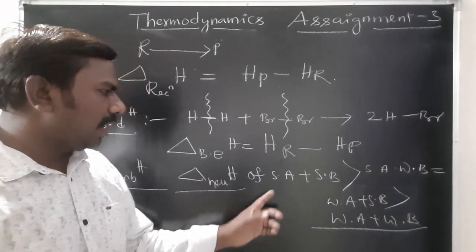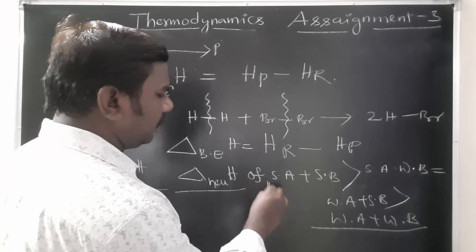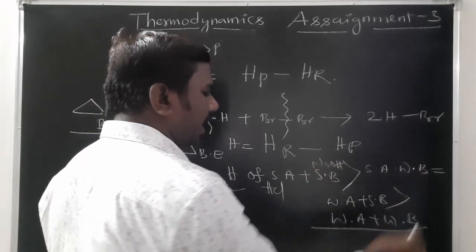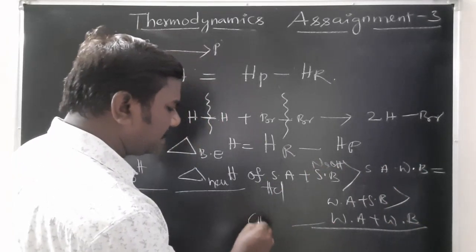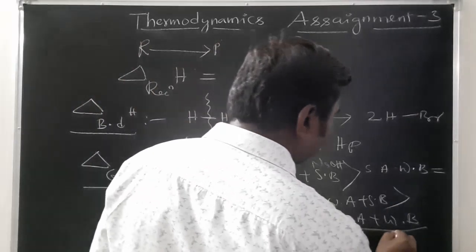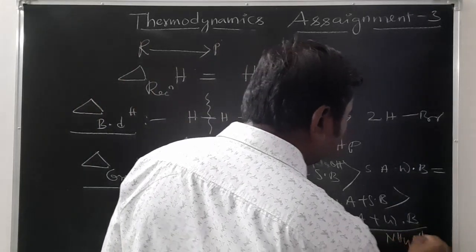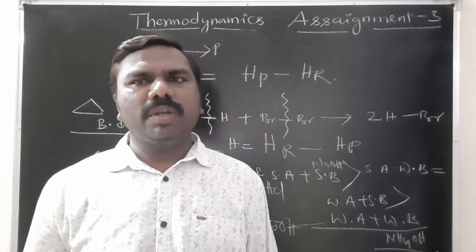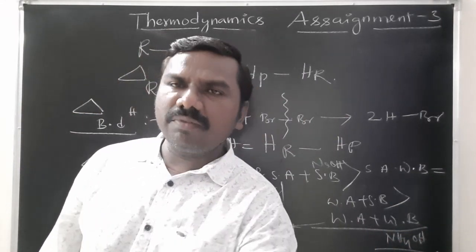Examples: strong acid is HCl, strong base is NaOH, weak acid is CH3COOH, weak base is NH4OH. Ammonium hydroxide is a weak base. Very, very important: enthalpy of neutralization is exothermic, energy will be released here.